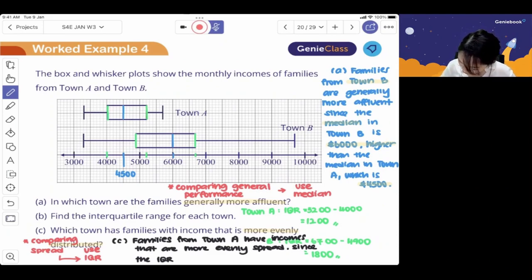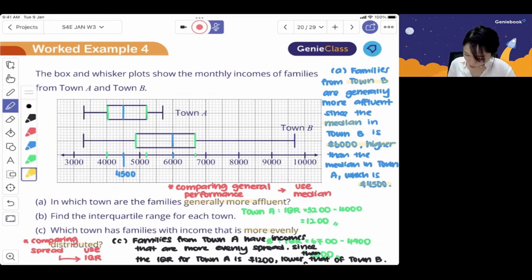The interquartile range for town A is 1,200 lower than that of town B. So again, always state your answer and then your mode of measure, and of course, to really drive home the idea, use the values. Is that clear?